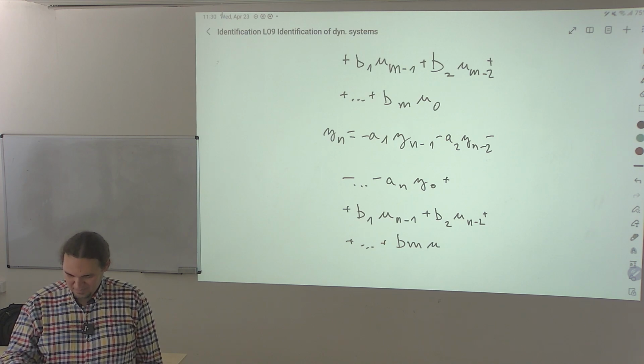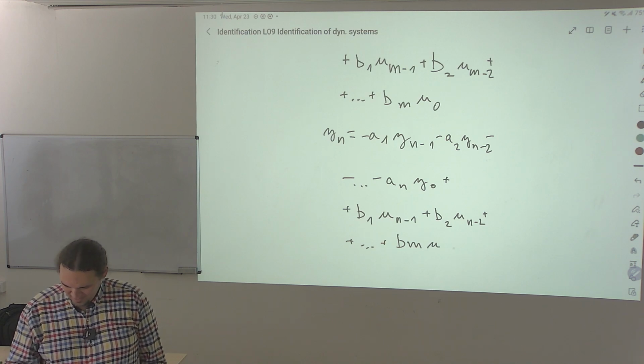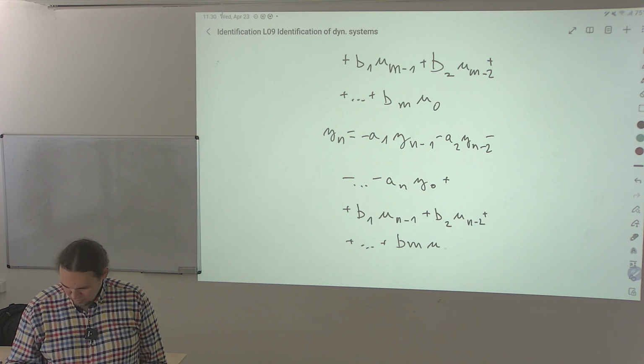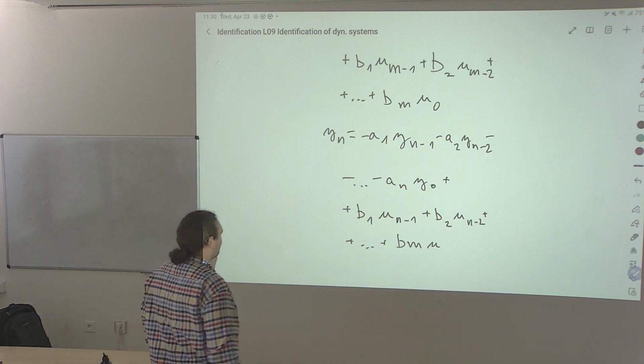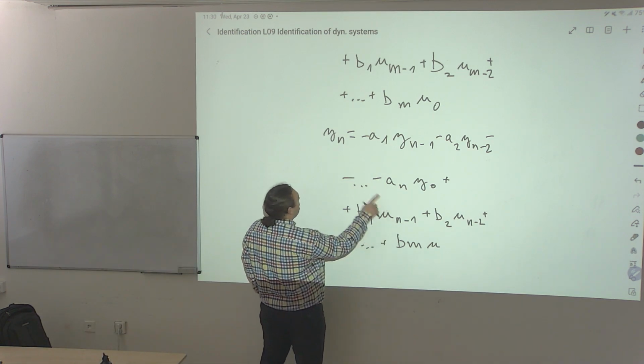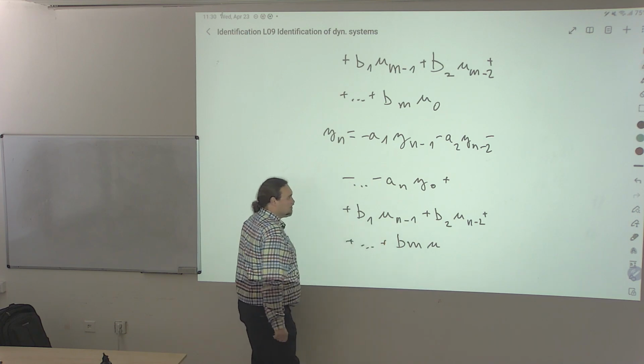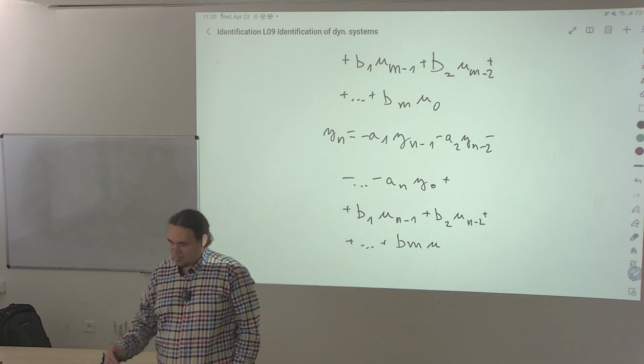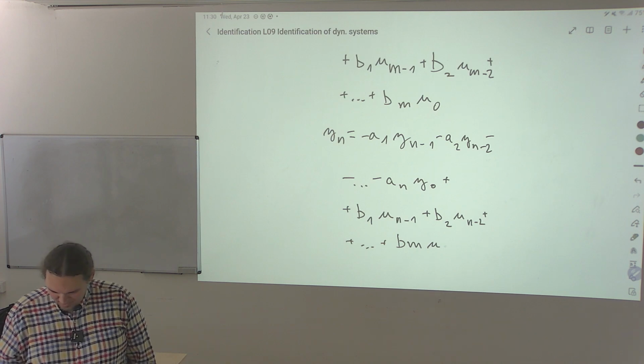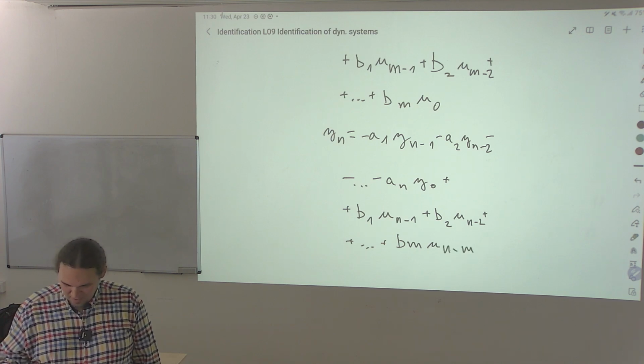No, it's L minus N, n minus m. Sounds good, yeah? The pattern is always n, we take the k, and we take this number when we subtract it, so n minus m.